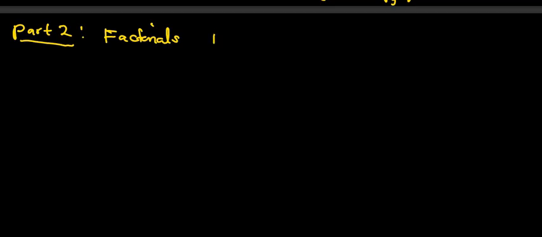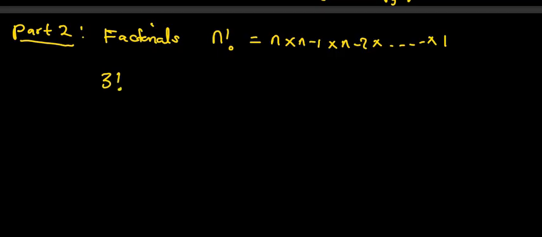So factorials, if I say n factorial, this simply means n times n minus 1, then n minus 2, and so on and so forth until you have a 1. So if I was to give you 3 factorial, this will be 3 by 2 by 1.